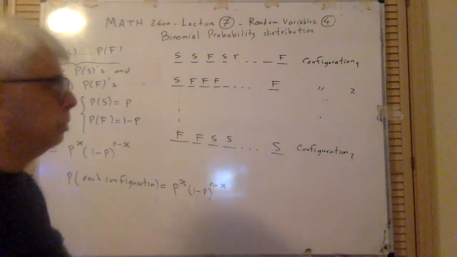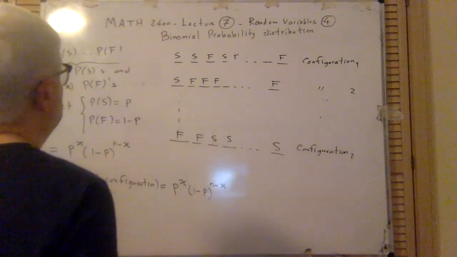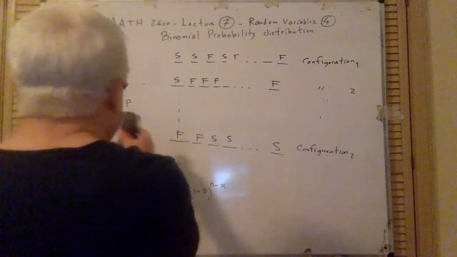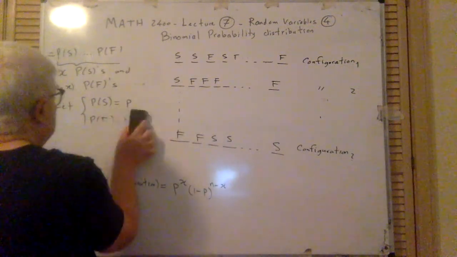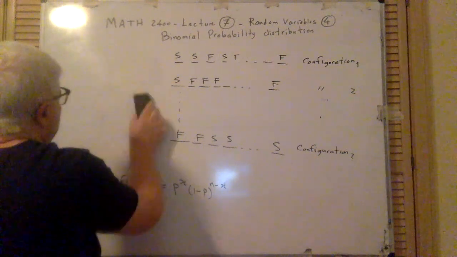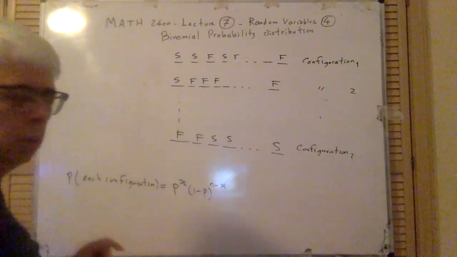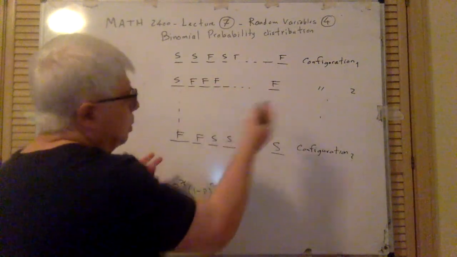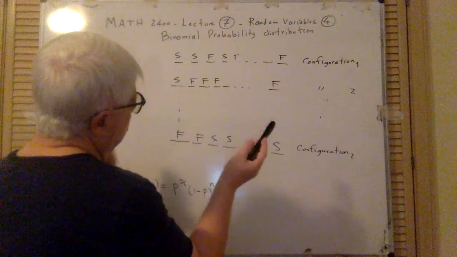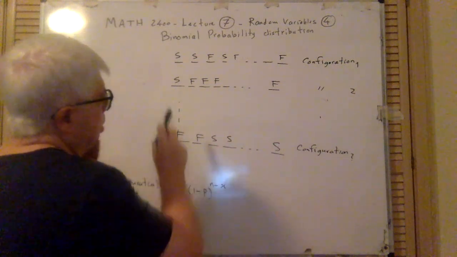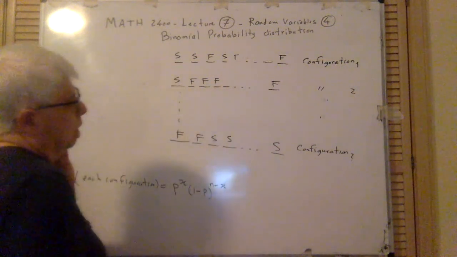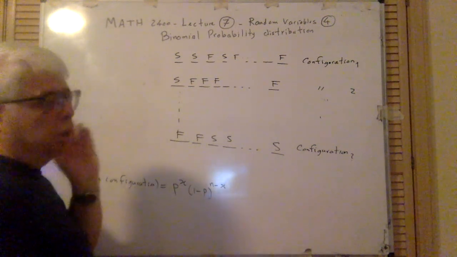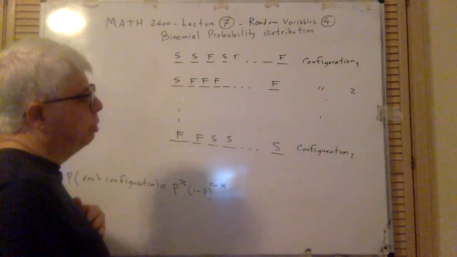Now, let me erase this because I'm going to discuss those. So this was like going row-wise. I look at it row-wise, and I realized that each row as a configuration has the same probability as the other row. So they all have the same probability.